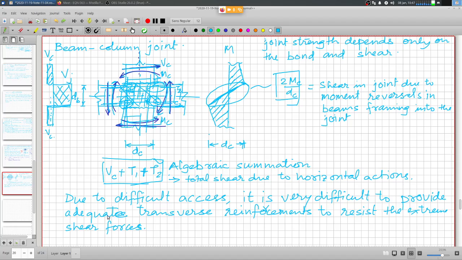The easiest way is what we discussed earlier in the design of beams: instead of the plastic hinge developing at the beam column face where you have the maximum moment, we move it some distance away from the column face. That's how we do that.